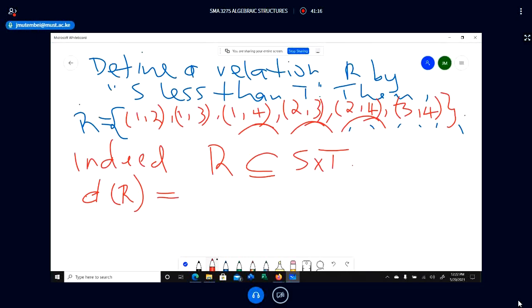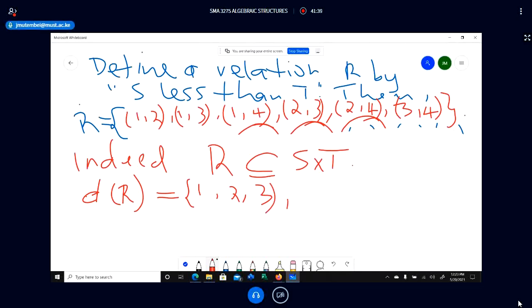The domain of R, when R is defined this way, is the set of all first entries in the ordered pairs. So the domain of R will comprise of elements 1, 2, and 3.